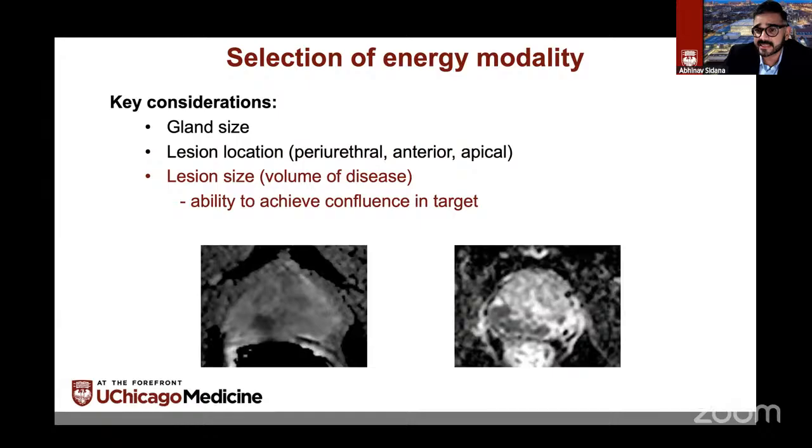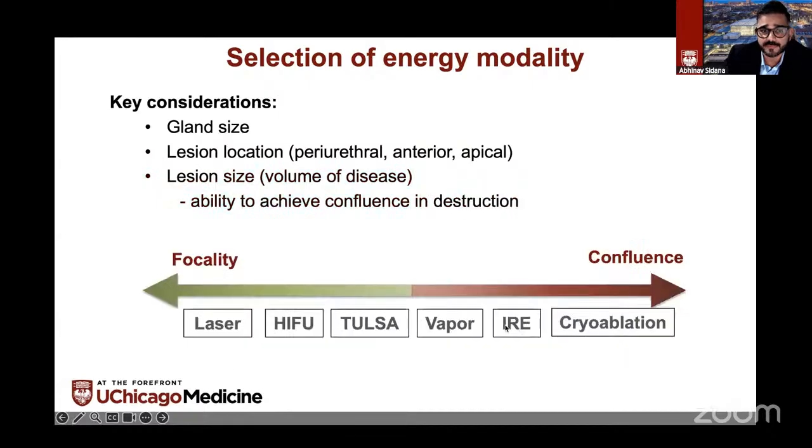Lesion size is another important determinant of energy selection. Whether the target is a 6 millimeter Gleason grade 4 lesion, something like this, or a big 2 centimeter Gleason grade 5, it can dictate the importance of achieving confluence in the ablation zone.